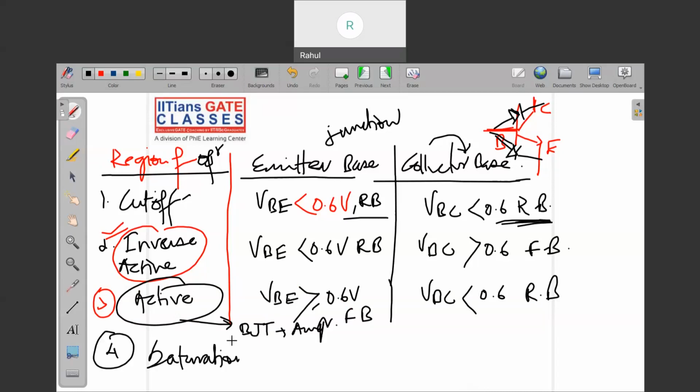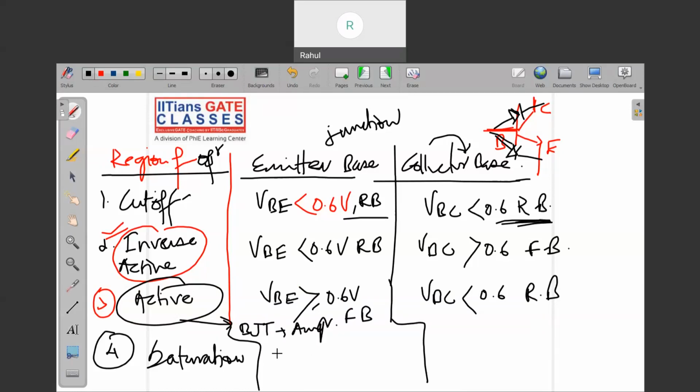In the examination, the question may be like this: if your emitter base junction is forward bias, you have to keep in mind these things, right?